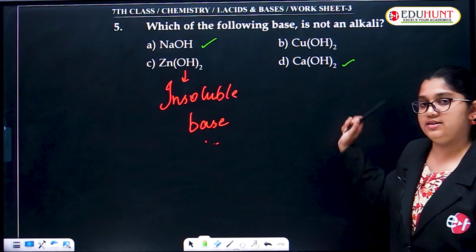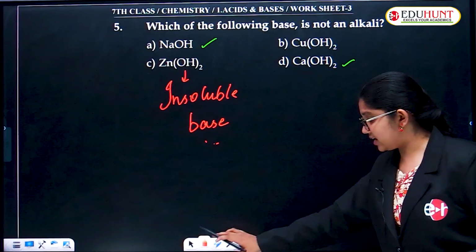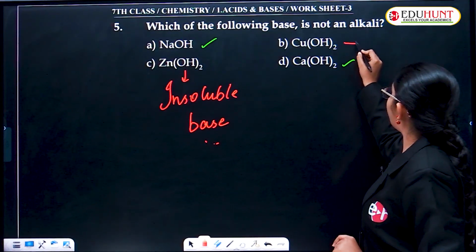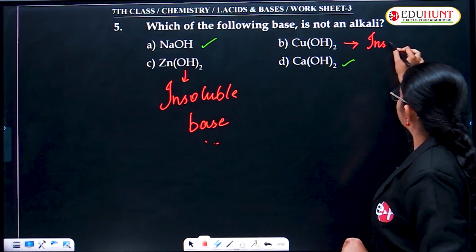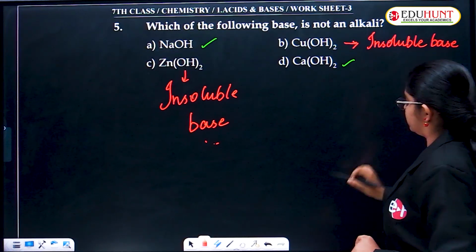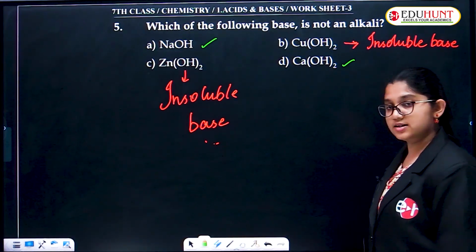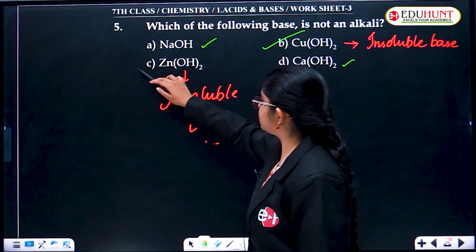But coming to options B and C, if we consider carefully, copper hydroxide is also an insoluble base. So here we have two options to be considered.